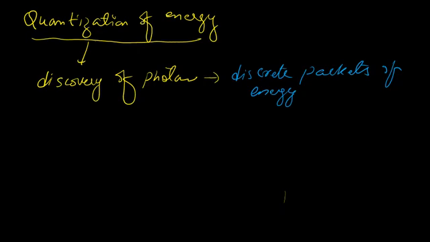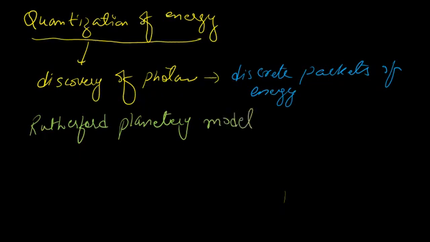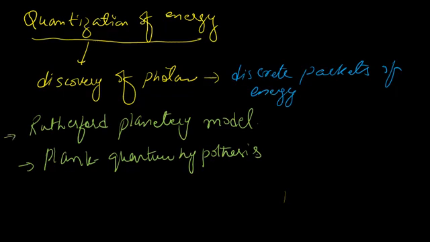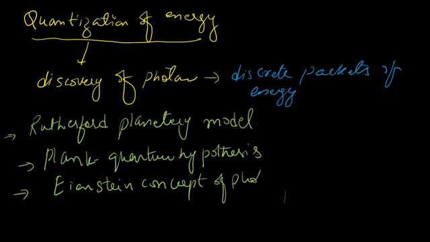There are different models which explain the atomic structure. Combining the Rutherford atomic model, a planetary model based on the motion of the planets around the sun, so it is also called the Rutherford planetary model, and also the Planck quantum hypothesis, and then Einstein's concept of the photon, we come to the Bohr atomic model.